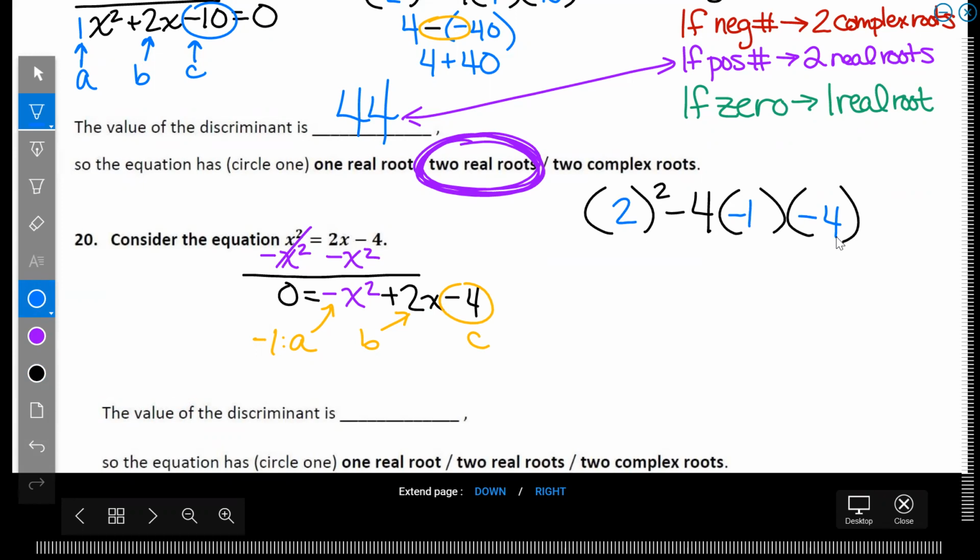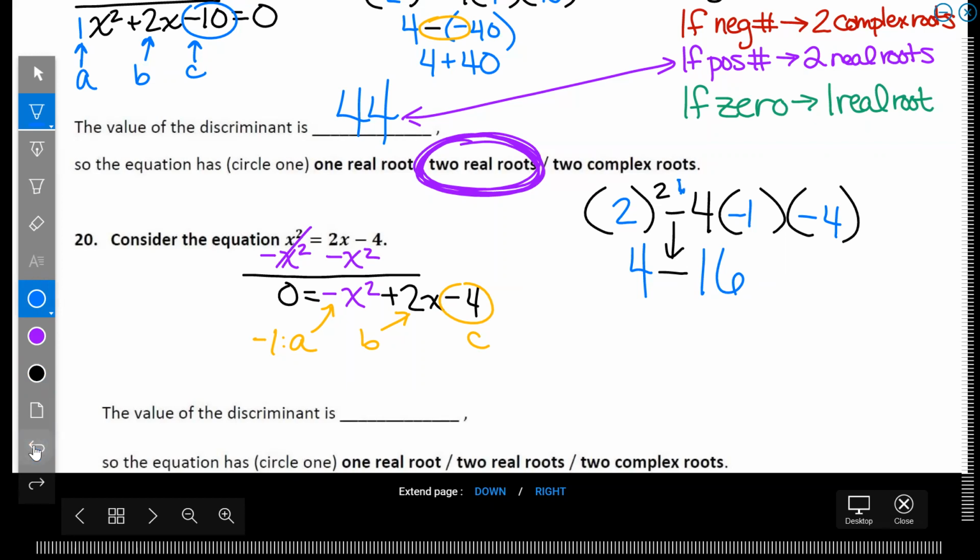So my B value is 2. When I take that and I square it, that gives me what? 4. Bring down my minus sign here. 4 times -1 times -4. I have a negative times a negative, so I have 4 minus 16 here. Because if I'm just looking here, 4 times -1, that would be -4 times -4, that would be 16.